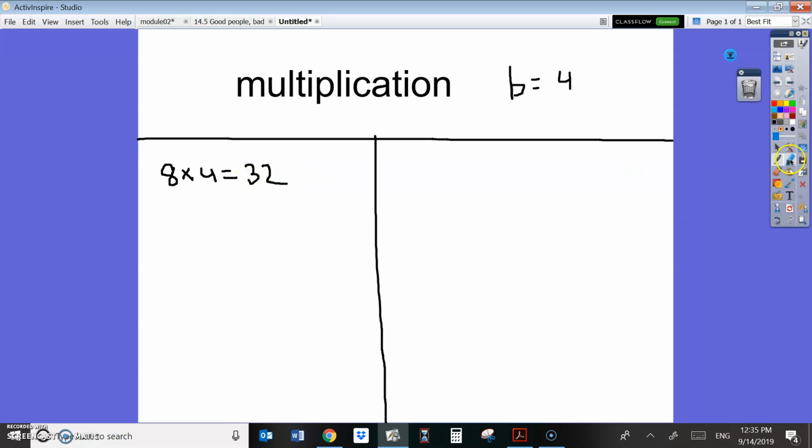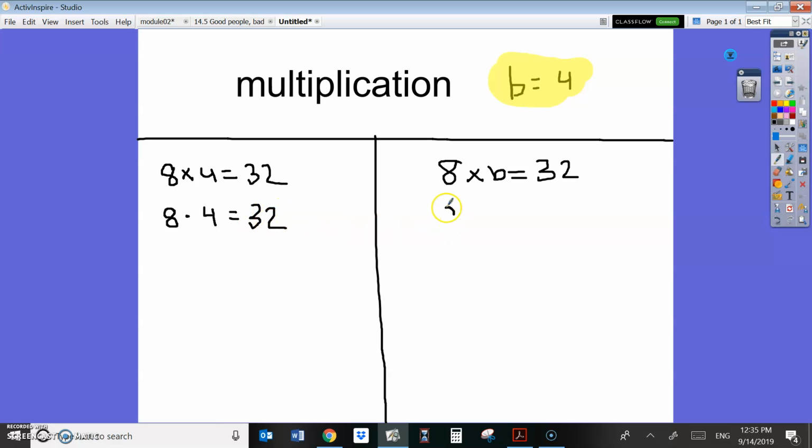But if b equals 4, then we can say that 8 times b equals 32. Another way to write that is 8 dot 4 equals 32.